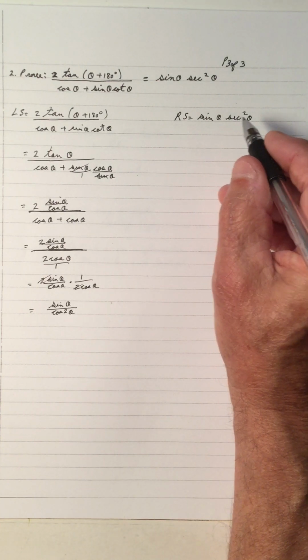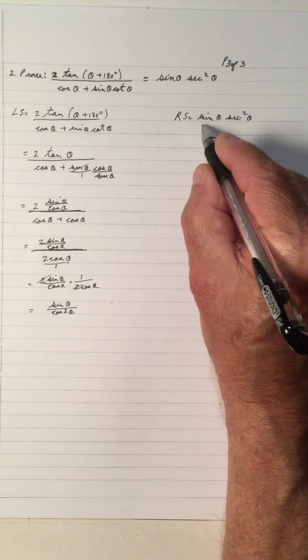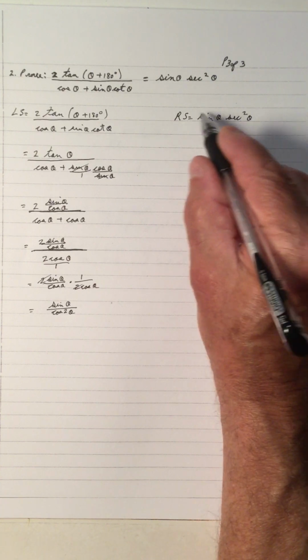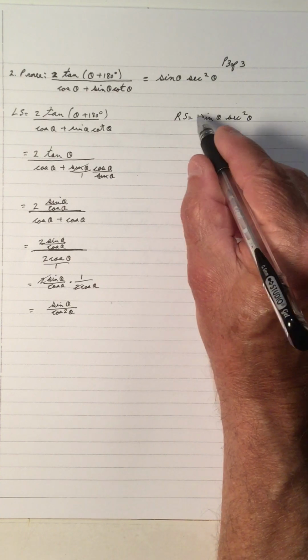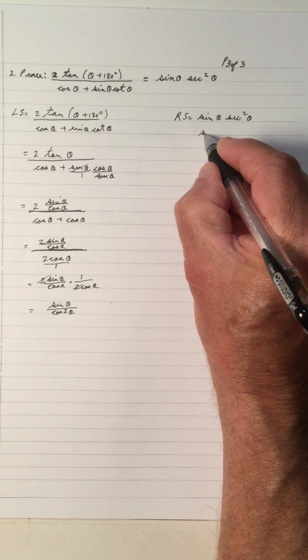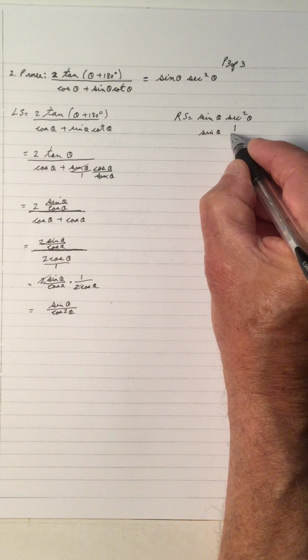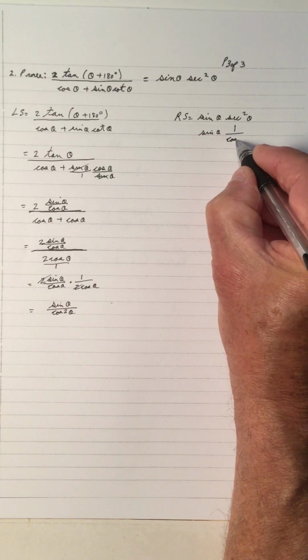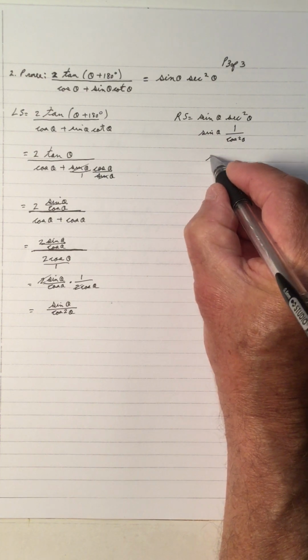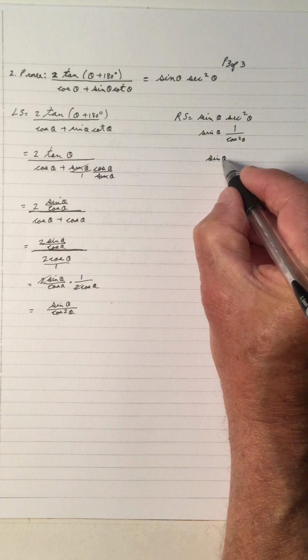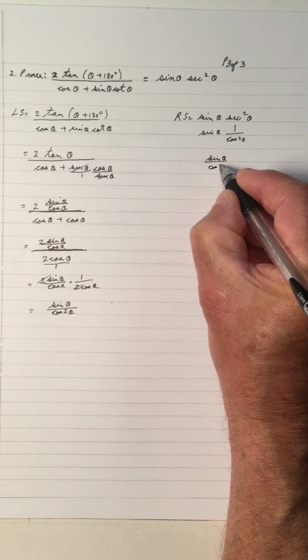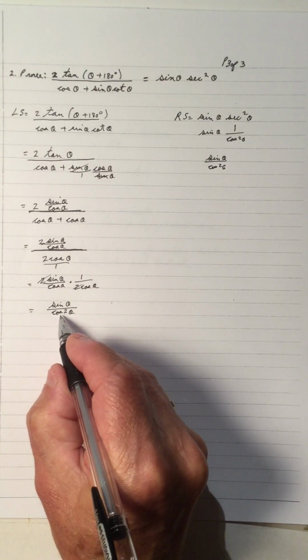Well, what you can do on a sheet of scrap paper, you can pretend that I'm going to work this on a sheet of scrap paper. So this is a sine, and secant is the reciprocal of cos, so it's 1 over cos squared. So that's sine over cos squared. So that looks like this.